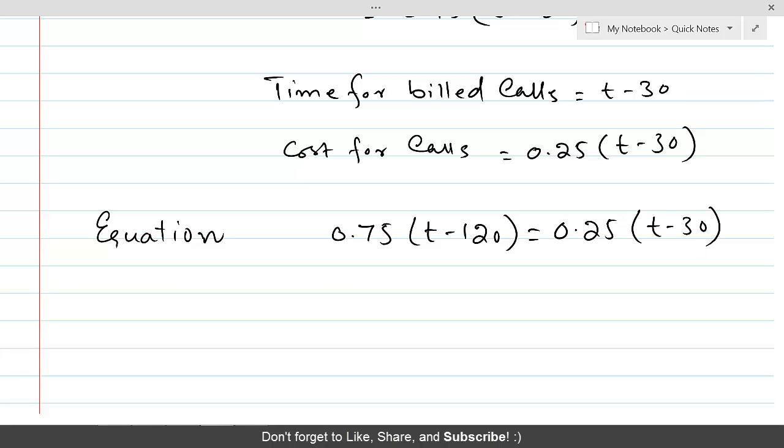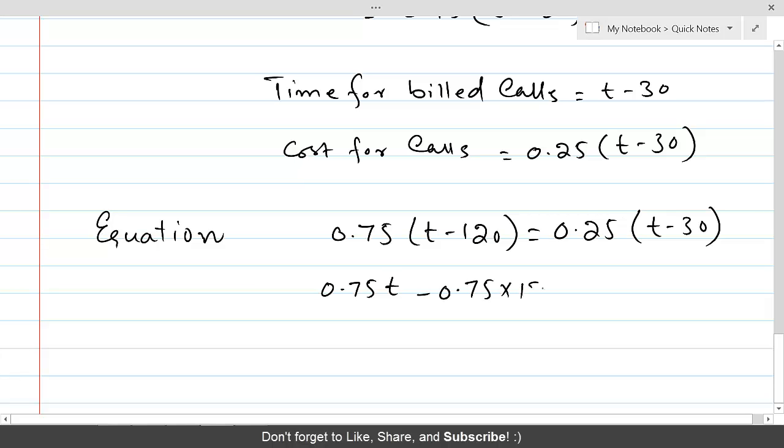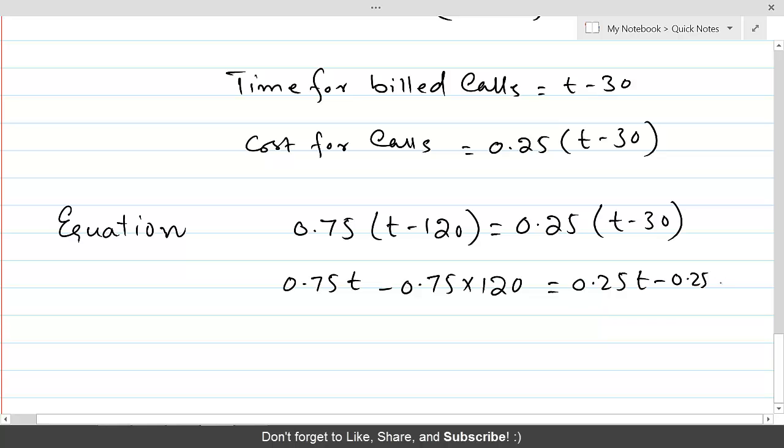The second step requires us to multiply any number, so this would be 0.75 t minus 0.75 times 120 is equal to 0.25 t minus 0.25 times 30. So now using a calculator, complete the second, third and fourth steps, in which you will be isolating the variables and transferring the known quantities to the other side.